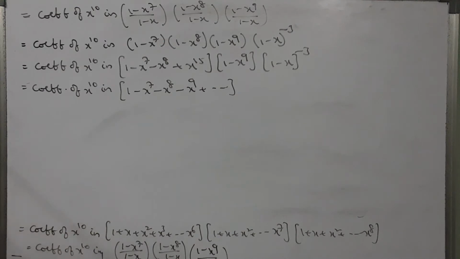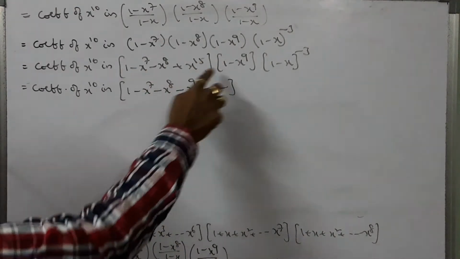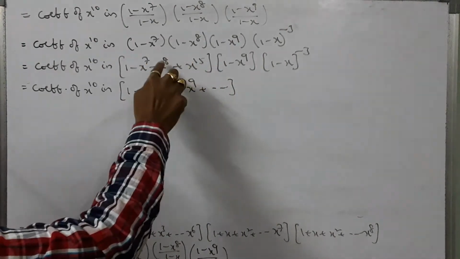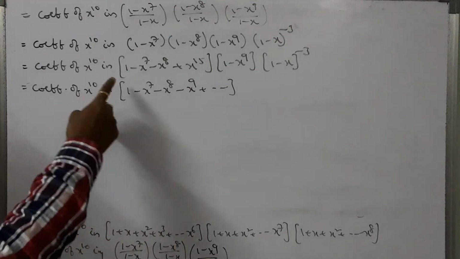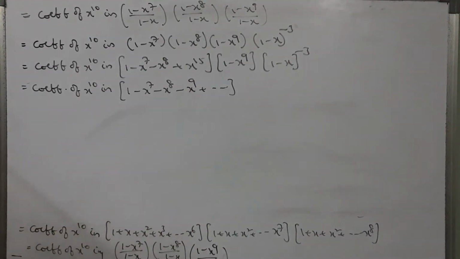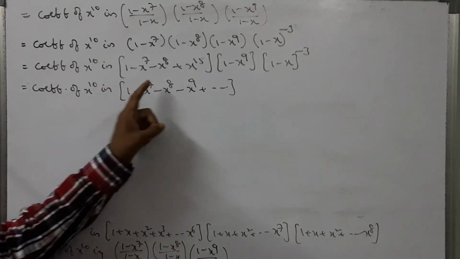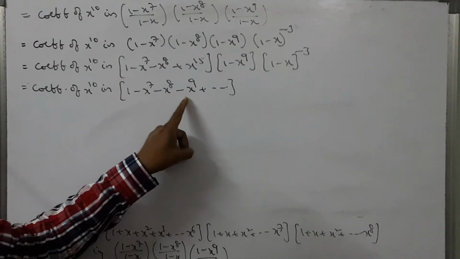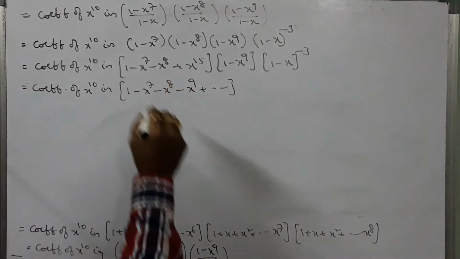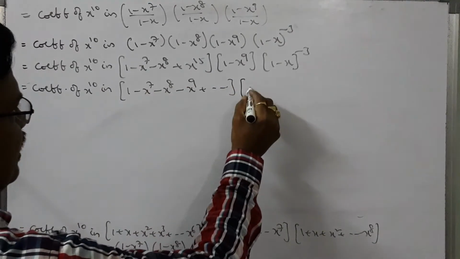Because all of those give powers of x greater than 10, and I need up to x power 10 only. For example, x power 15, or x power 9 into x power 7 gives x power 16, so we are not bothering.